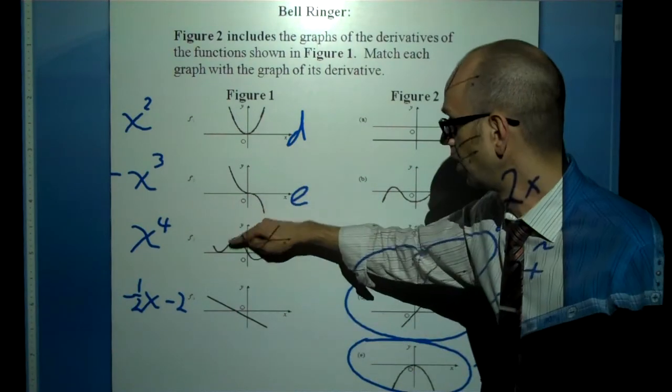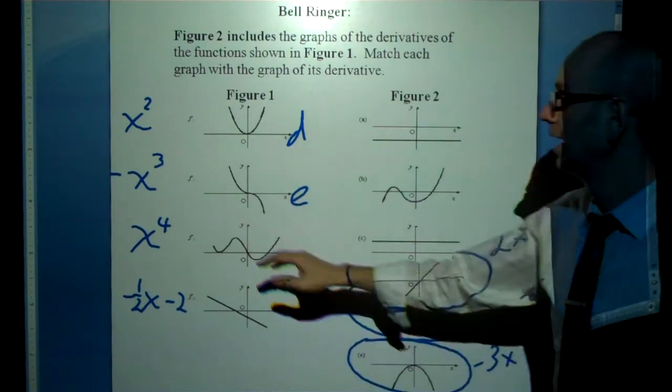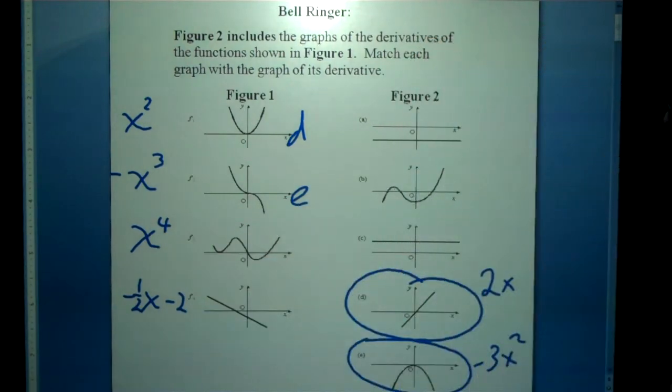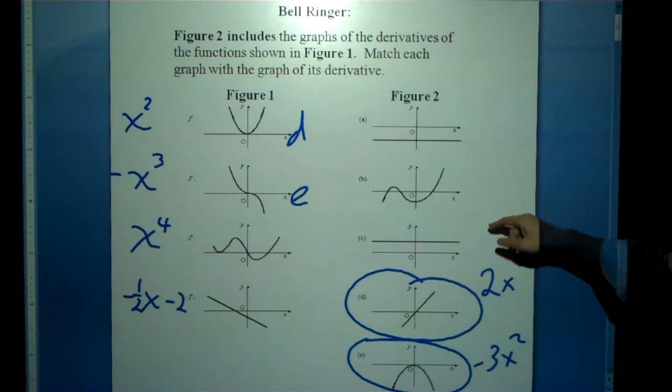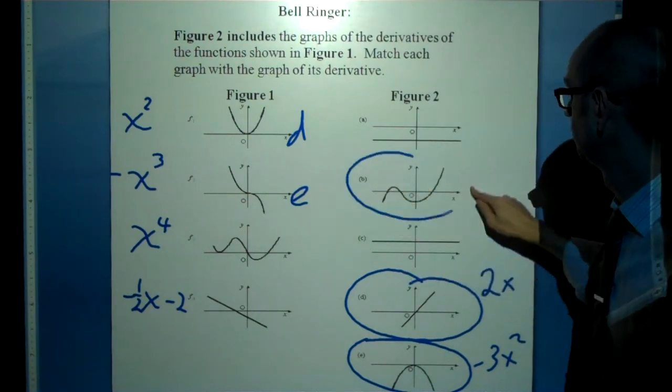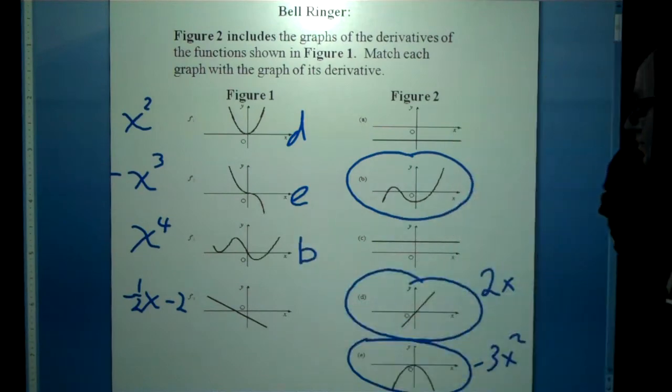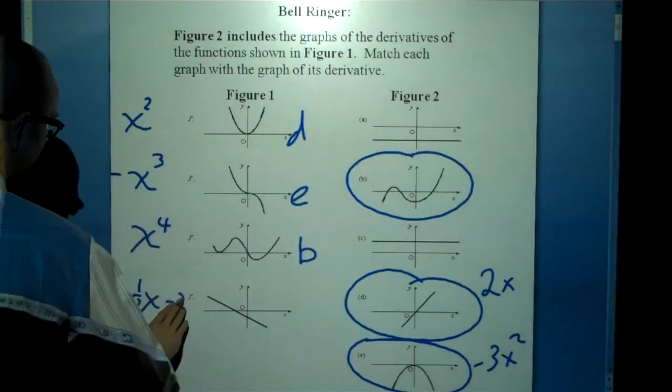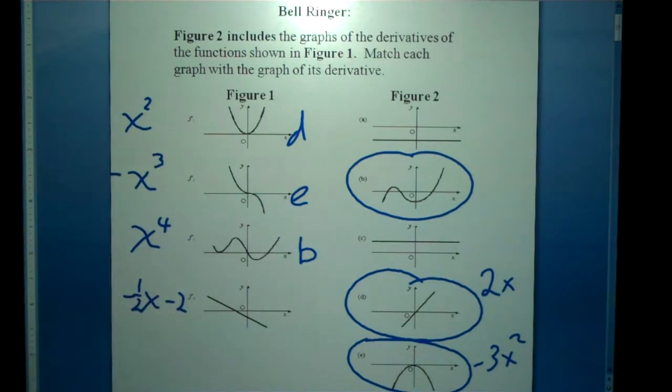We've got a quartic with all of its different humps going on there. X to the fourth becomes 4x cubed. Well, x cubed, that looks cubic to me. None of the others do. They're just lines. So it's got to be this one. Choice B. And last but not least, any constant, when we take the derivative of that, that goes away.